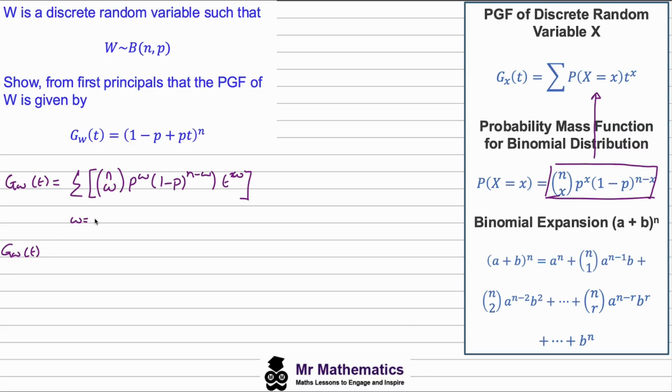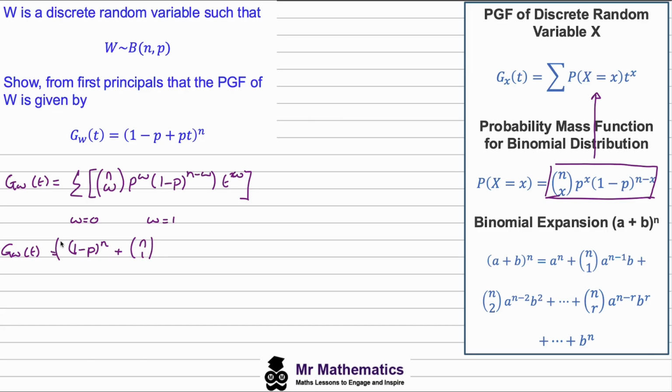So the generating function of w, when w equals 0, will have n choose 0, which is 1, p to the 0, which is 1, and then 1 minus p to the n minus 0, which is 1 minus p to the n, times t to the 0, which is 1, plus when w equals 1, we'll have n choose 1.